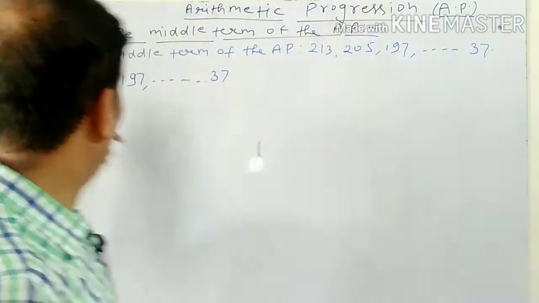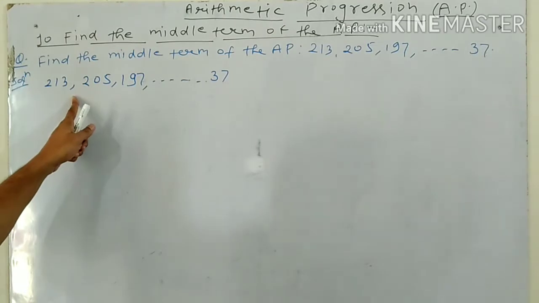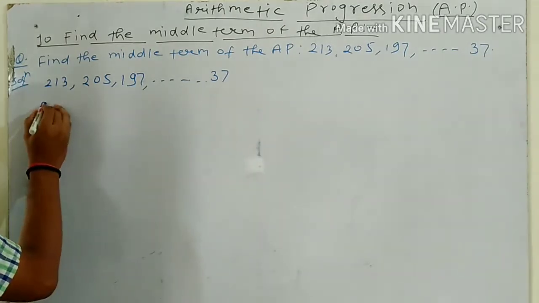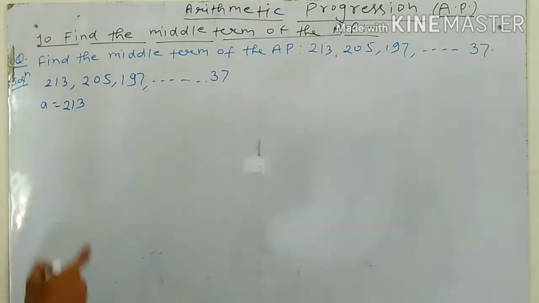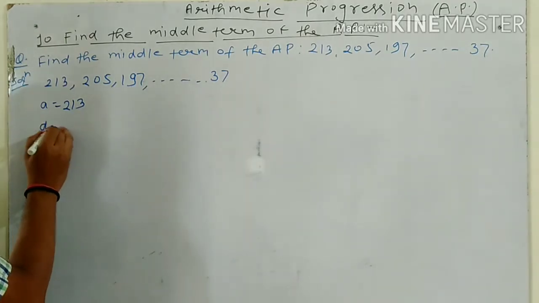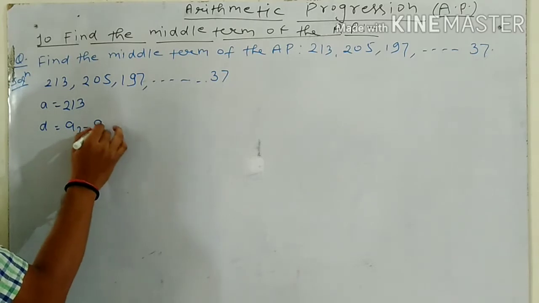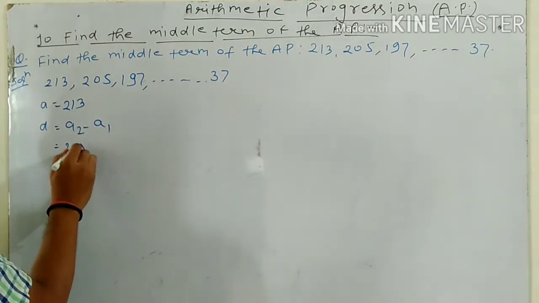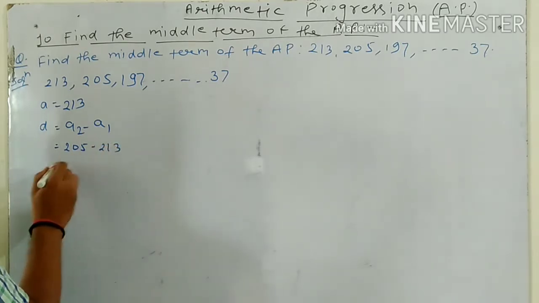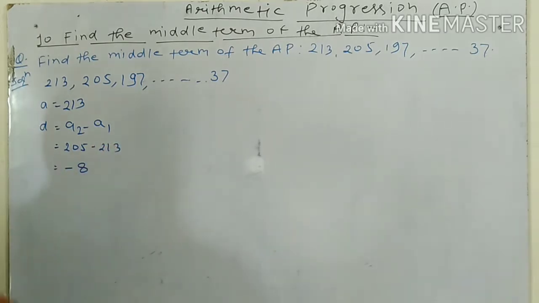In this AP the first term is 213. For getting d, we subtract a2 minus a1. a2 is 205 minus 213, so we get minus 8.